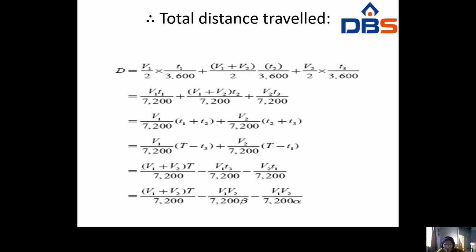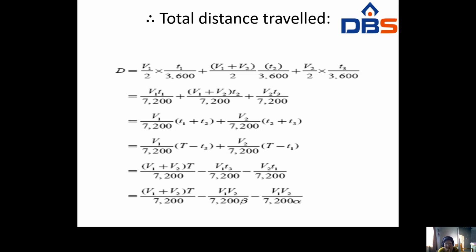Since T1 plus T2 is T minus T3 and T2 plus T3 is T minus T1, from these two terms you take common, giving V1 plus V2 of T by 7200, minus V1 T3 by 7200, minus V2 T1 by 7200.